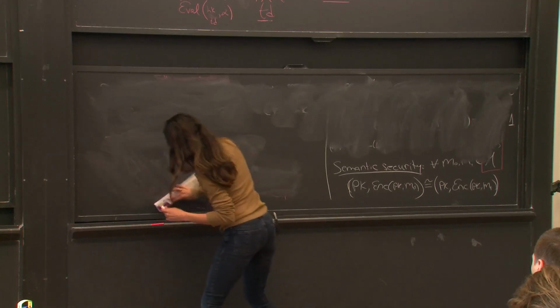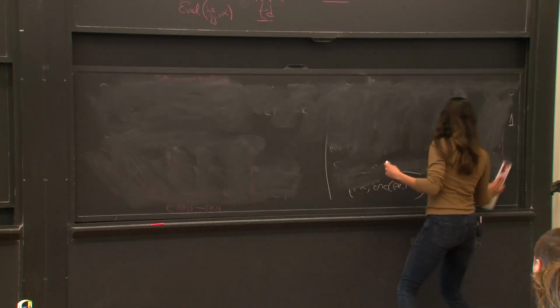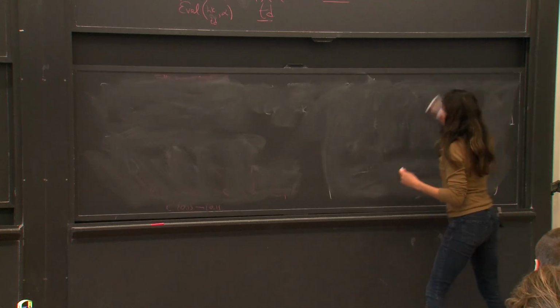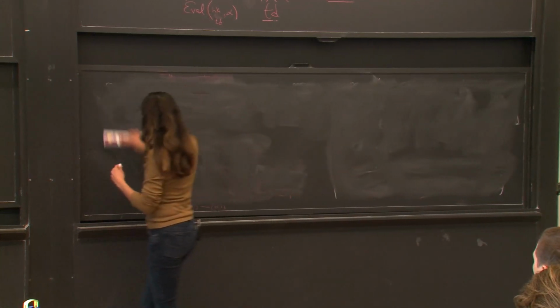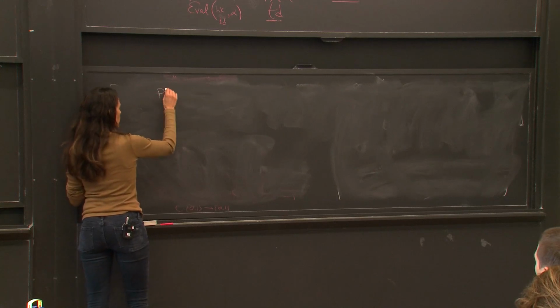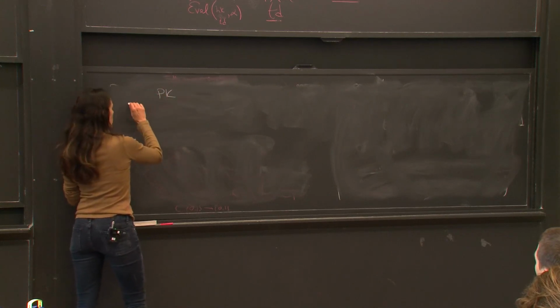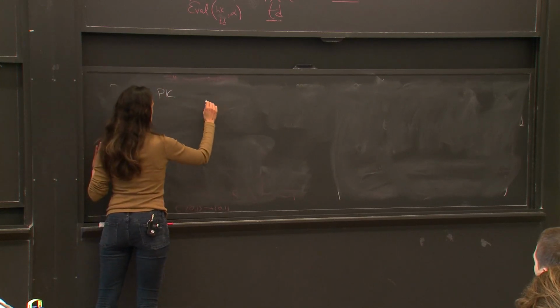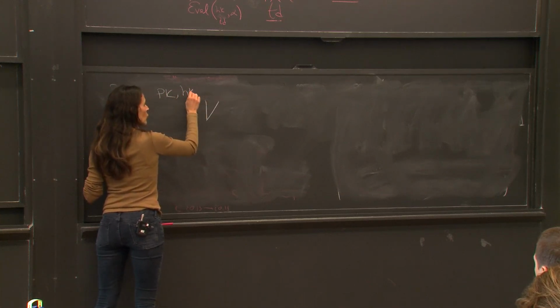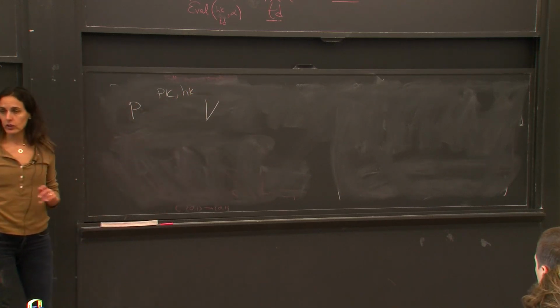So let me just write it down. Actually, I don't even want to write everything explicitly. Let me just say this protocol had a public key associated with it. Now it also has a hash function associated with a hash key, which we use for the Fiat-Shamir hash function.